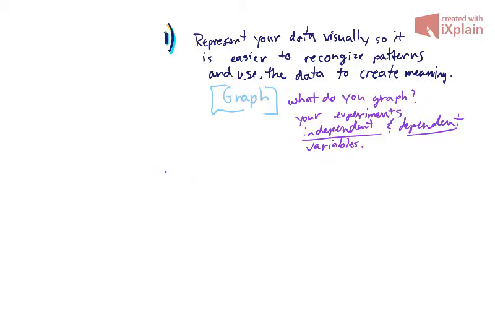You haven't really made them meaningful yet. You've just made a representation that we can then use to analyze the relationship, any possible cause and effect relationship between the variables.